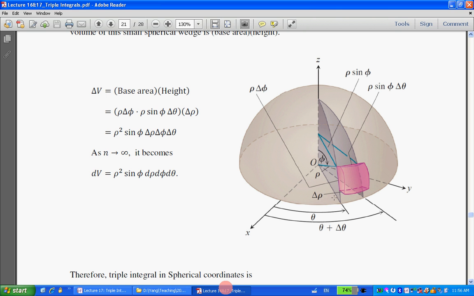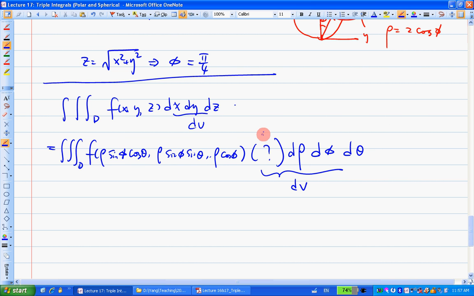Once you cut it out, you treat this small volume as a box, square or rectangular, doesn't matter, and you multiply each side to generate the volume. You get rho square sine phi d rho d phi d theta. So this is going to be rho square sine phi.